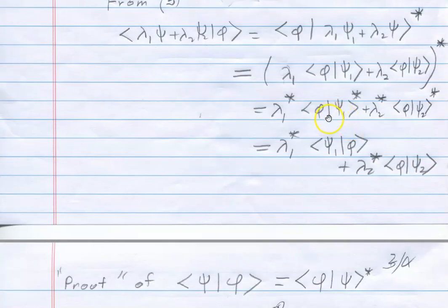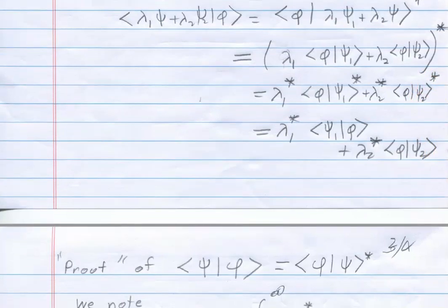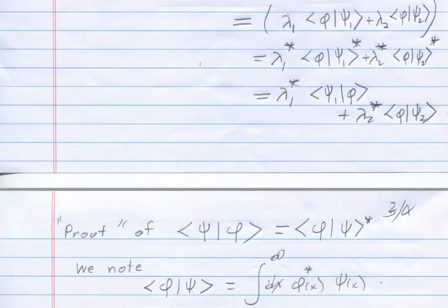And then I use property number 3 again to switch these back. Switch the order, I take a complex conjugate of it, and I get the complex conjugate of the complex conjugate, I get psi 1 phi. And likewise here, when I switch these back, I'll get a complex conjugate of this, which neutralizes the first one, and so I get this term. And so that essentially shows that the two are equal.